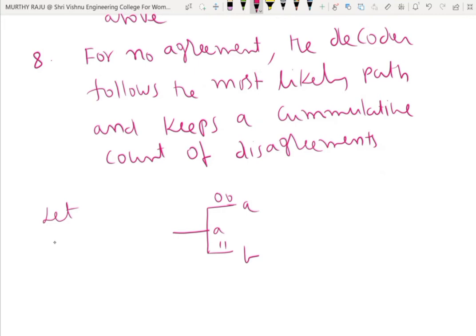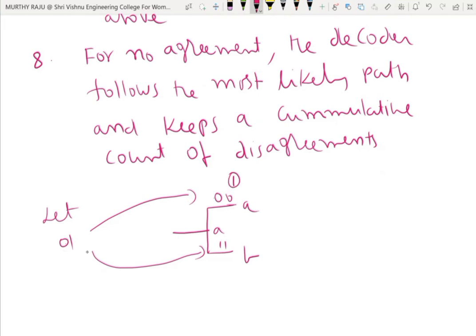First one is 0 1. 0 1 is compared with 0 0 and 0 1 is compared with 1 1. In these two comparisons, coincidence is not there. That means there is no agreement. Find out the disagreement count. Here the disagreement count is 1.